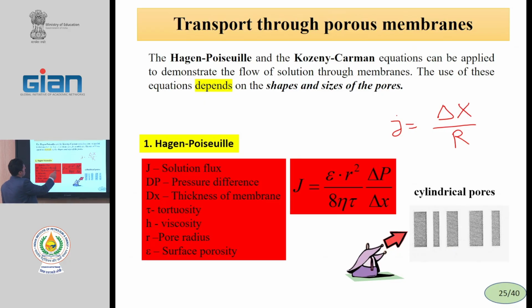In these equations, for example Hagen-Poiseuille's, the R is defined and divided into the influencing parameters. Delta X is delta P, and R is equal to these. Delta X is the thickness of the membrane. Higher thickness, lower flux.